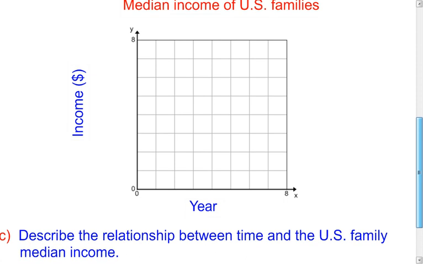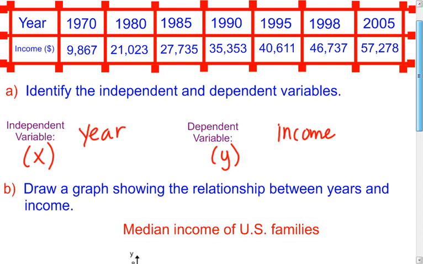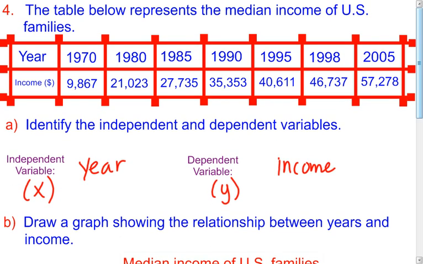Now we want to look at the data that we've been given and figure out how to scale these. So our years go from 1970 all the way up to 2005. A common mistake people make is they take these years and go along the x-axis and label the first line as 1970, the next line as 1980, the next line as 1985.